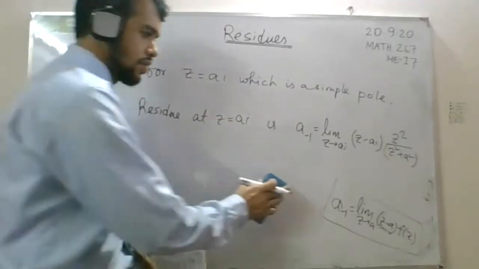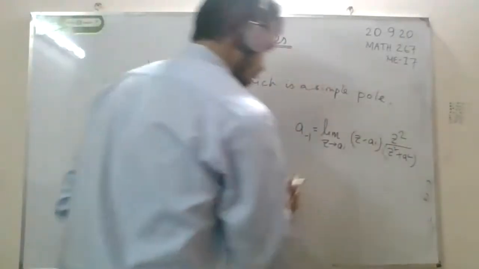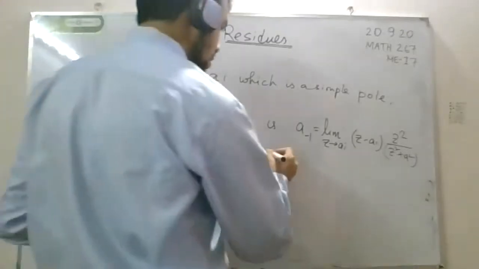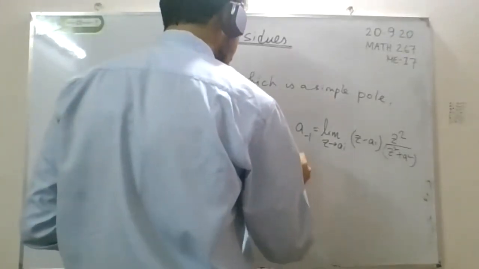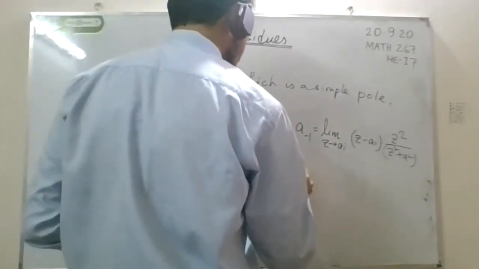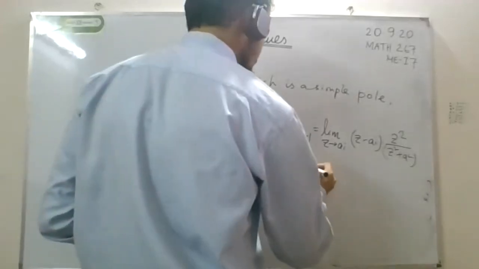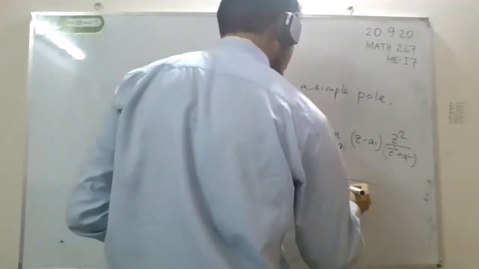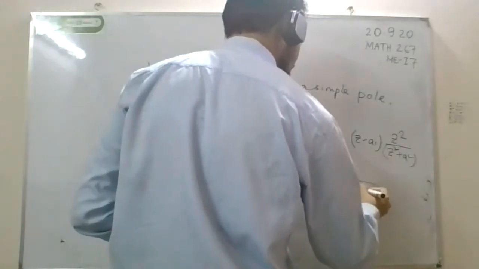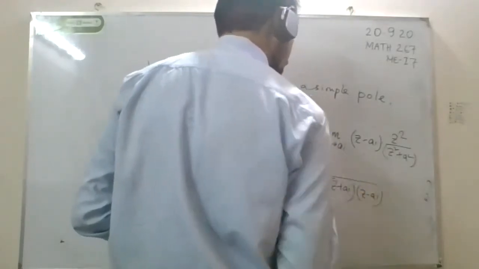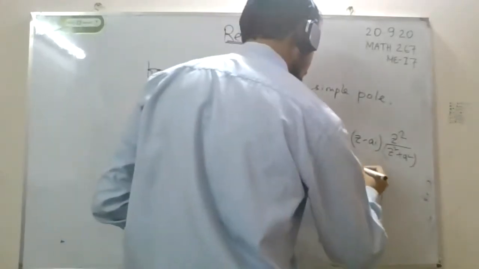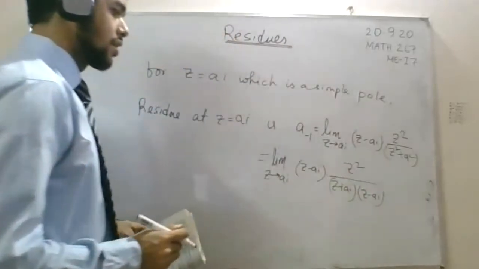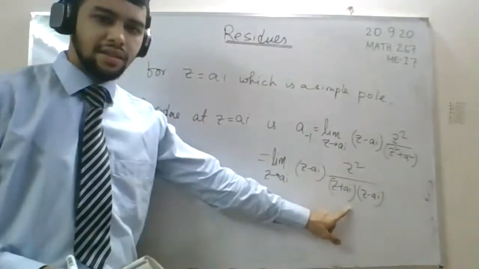Yes. Okay. So now you have to solve this expression, the limit as z tends to ai of (z minus ai), and you can also write the denominator as (z plus ai) and (z minus ai). How can I write this?